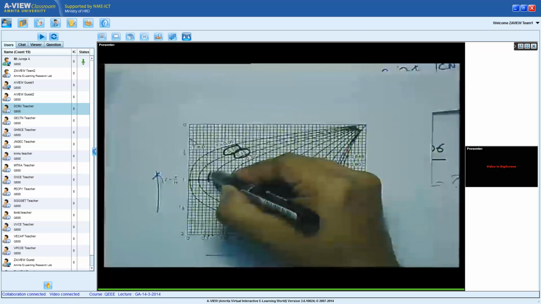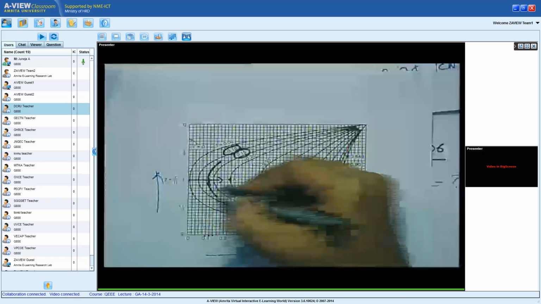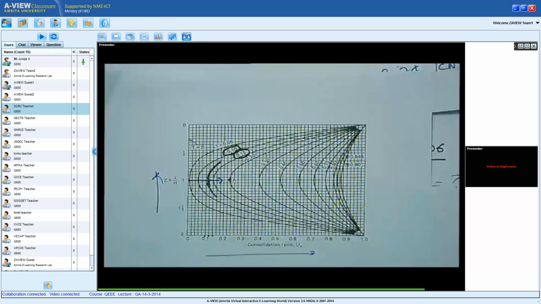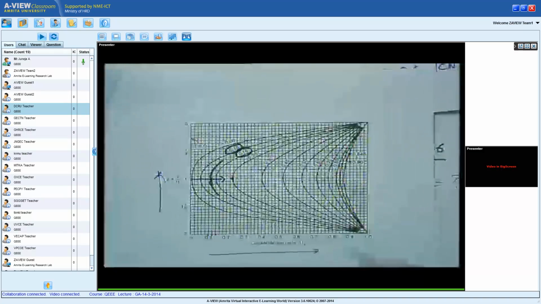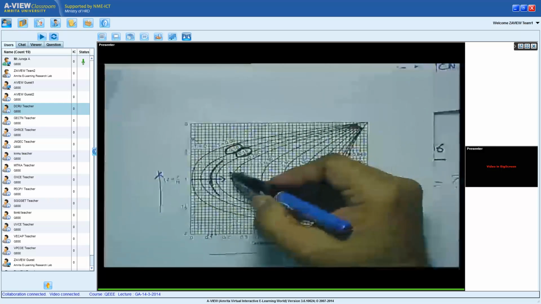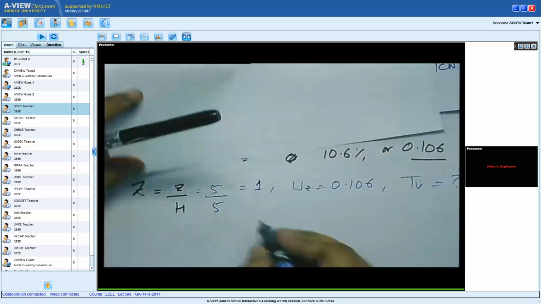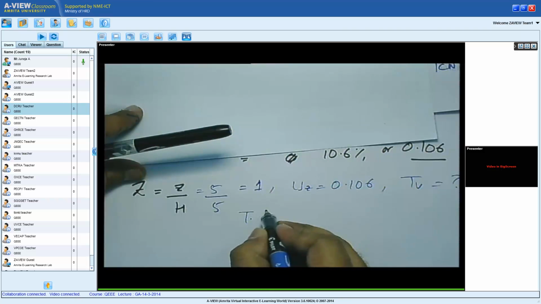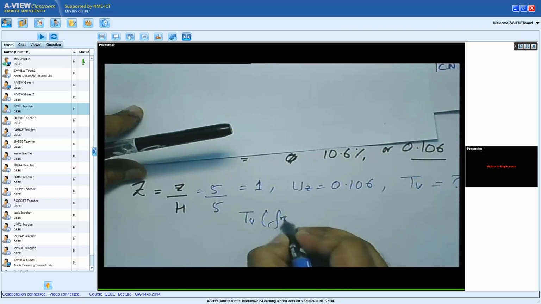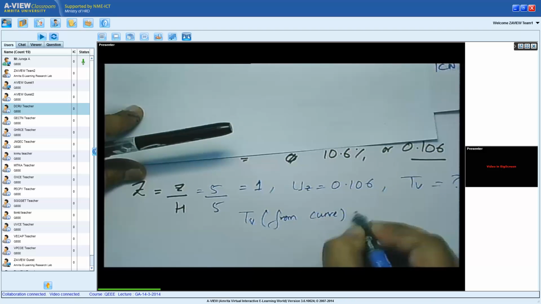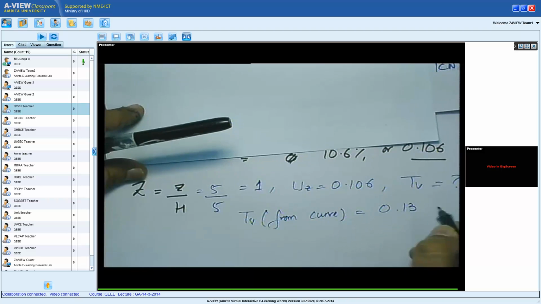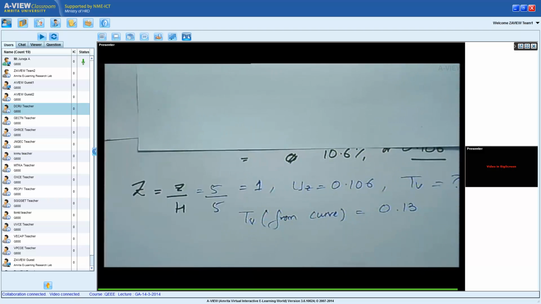The approximate curve would be between 0.1 and 0.15, and by eye judgment I say Tv from curve equals, let me say 0.13. So Tv is Cv t upon H squared.